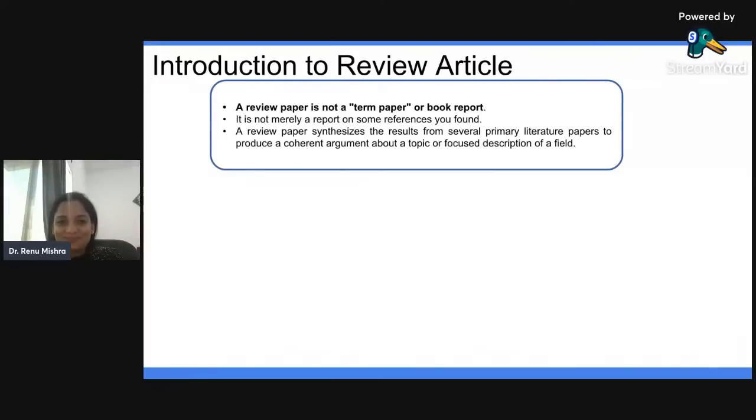Previous studies. So in short, a review article is that form of research paper which you produce by synthesizing, observing, understanding, by reviewing the results of previous studies. This is a review article.